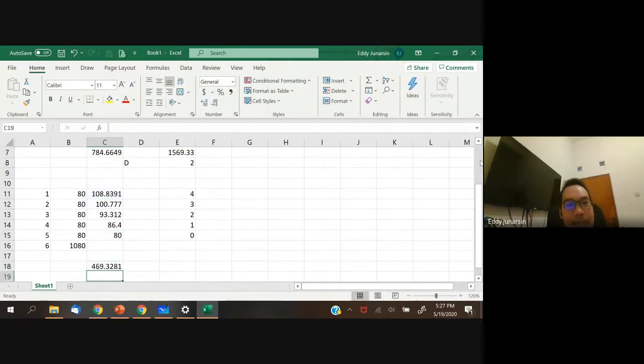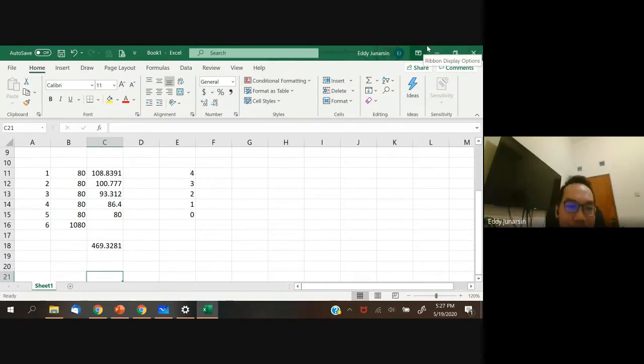Okay, so 469, you see, right? 469 is the proceeds, or result, from the coupon income plus the reinvestment income. You can imagine, right? The coupon income plus the reinvestment income that you get from the coupon incomes.